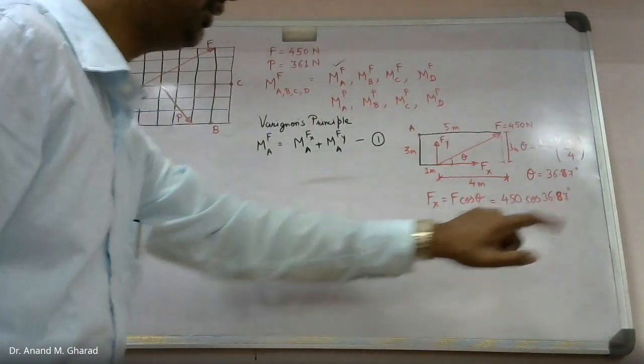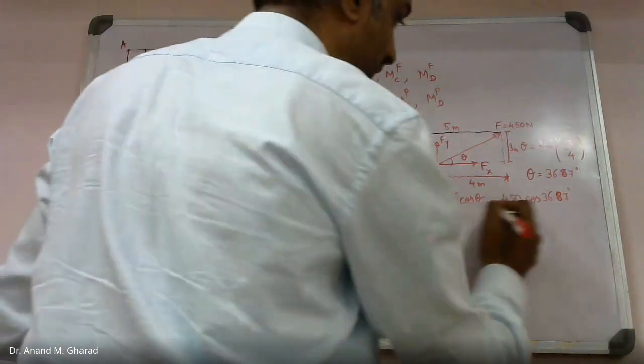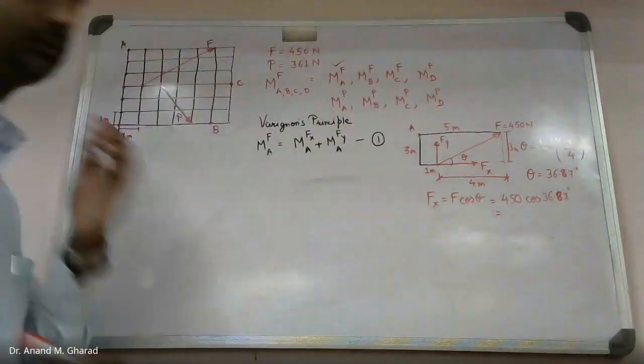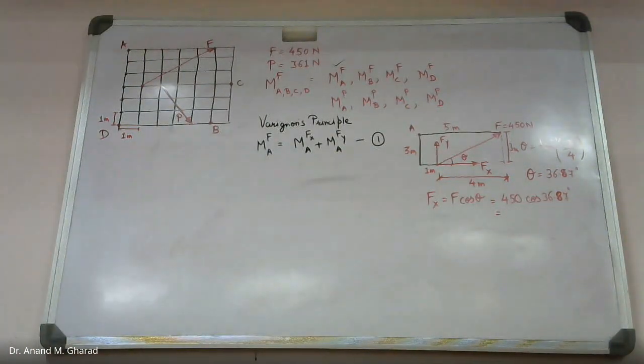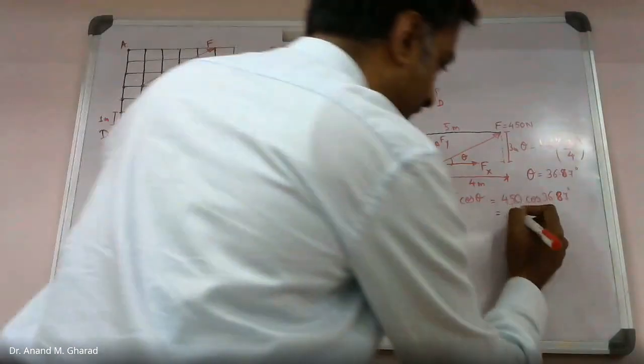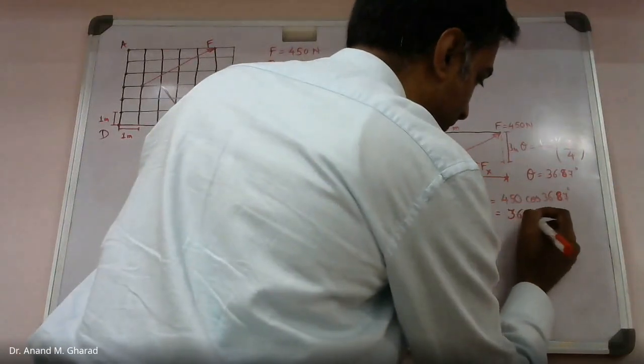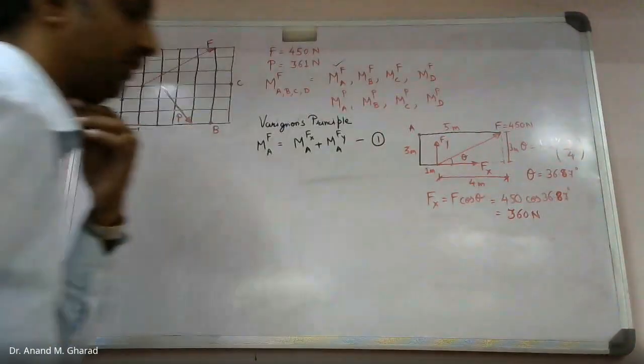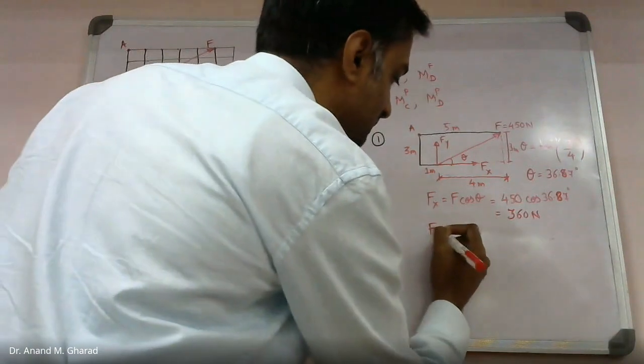Substitute this value, and what will be the final value of Fx? Is it 360 Newton? Sir, 359.9. Okay, 359 point something, so I will consider it to be 360 Newton. Similarly, what is the Fy value?